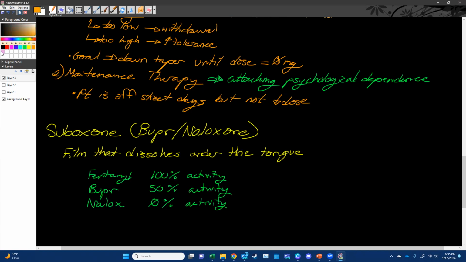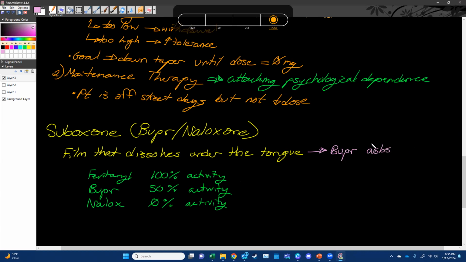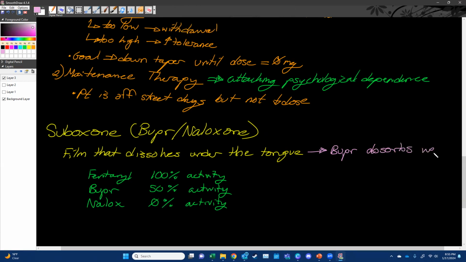What we're using is we're relying on the absorption. So buprenorphine absorbs well. Naloxone is absorbed very poorly.